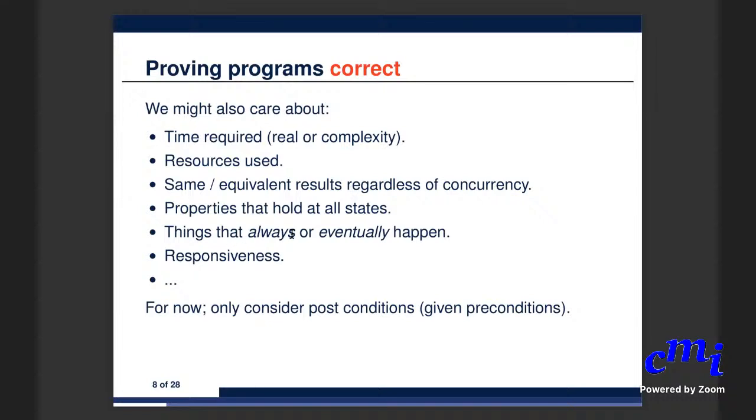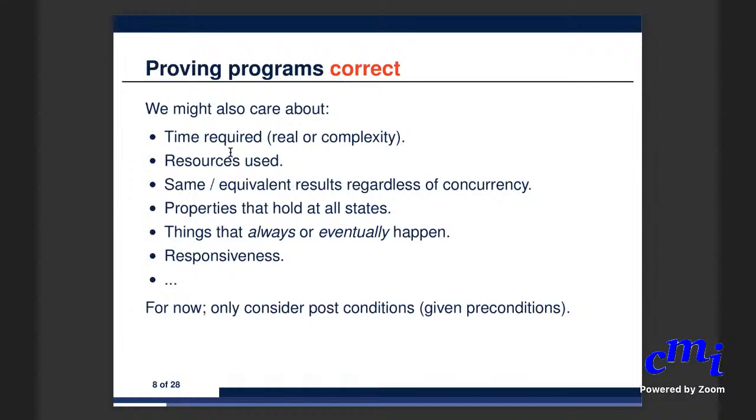Your properties will have to be something like: some condition always holds good, or if you're in a certain state, eventually some other event will happen. So there are all kinds of other properties that are of interest for programs.